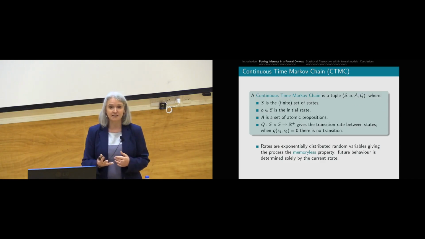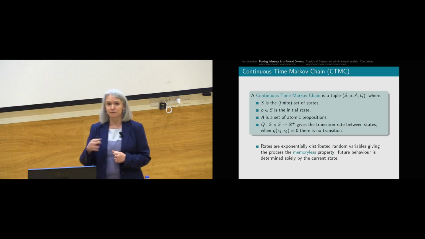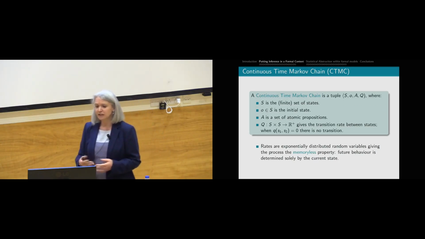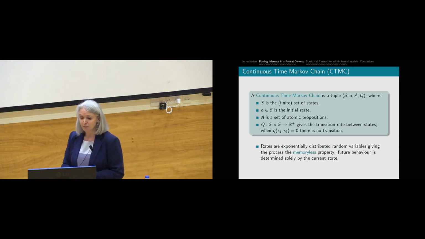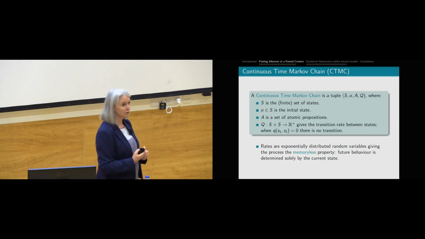And if that rate is 0, then there is no movement, so you can't reach the state S1 from state S2 if P(S2, S1) is 0 in the matrix. Okay, so it's a very intuitive, easy model to build, and also has great benefits because of this memoryless property.